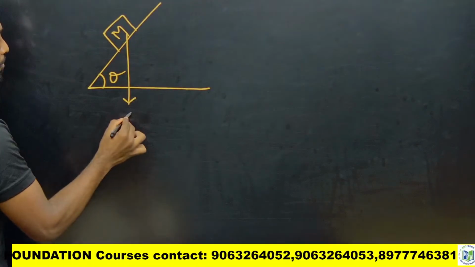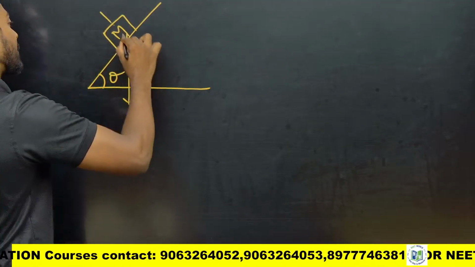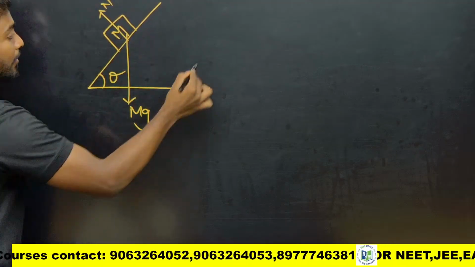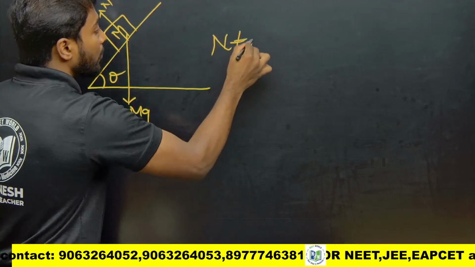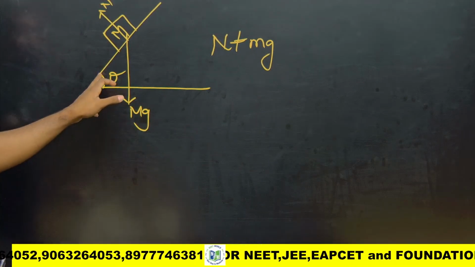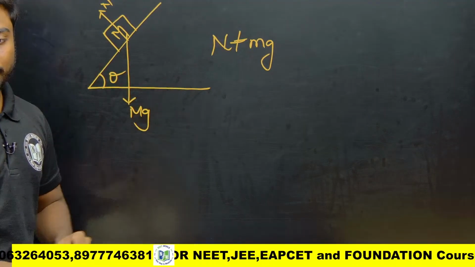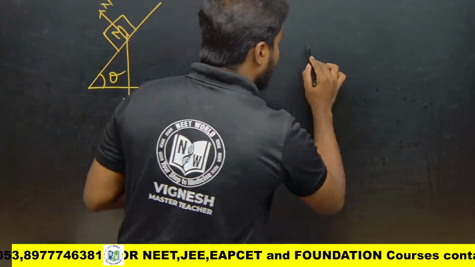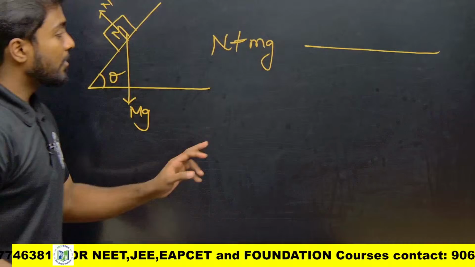This makes an angle theta, and this one is m, this one is my mg, and this is my normal force, where N is not equal to mg. For this I need to take the vector components. Wait a minute, I'll tell you how to take it.